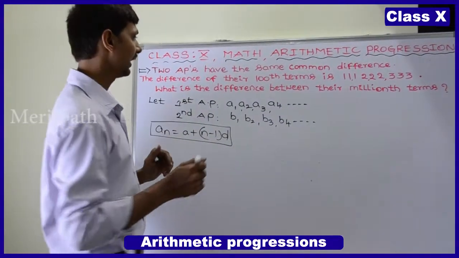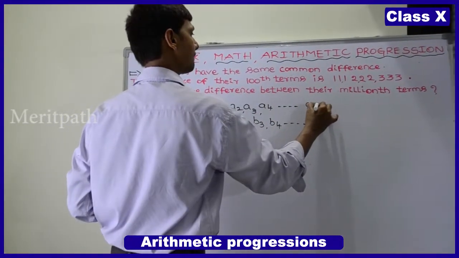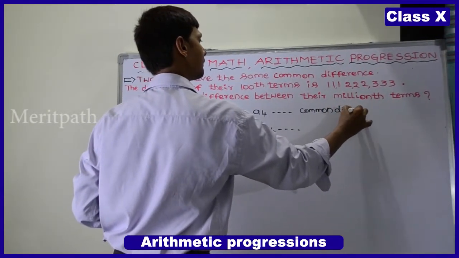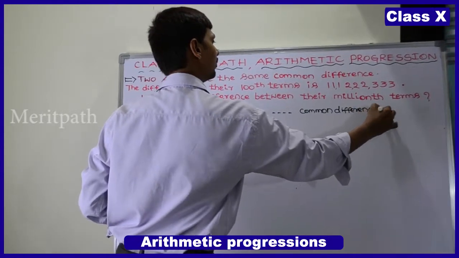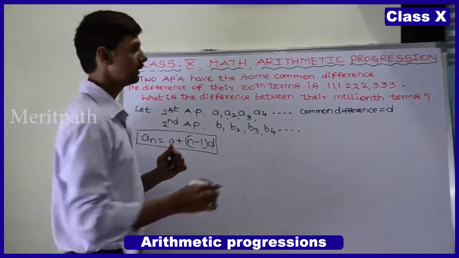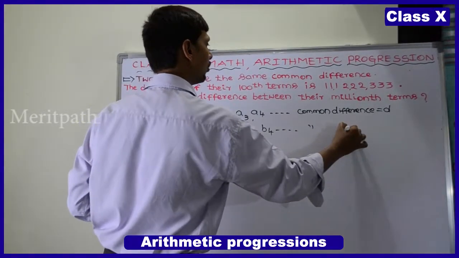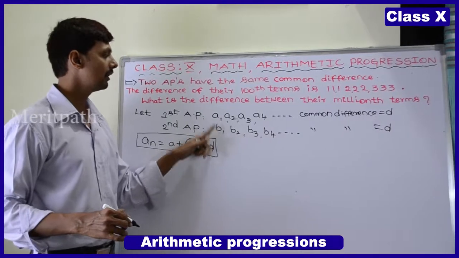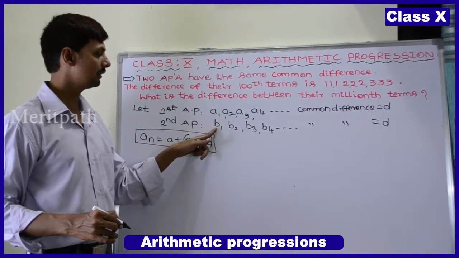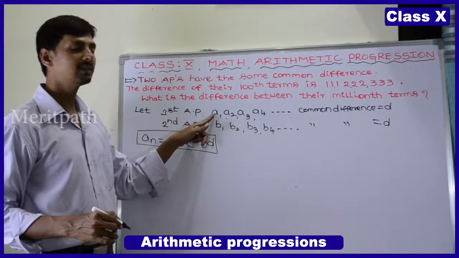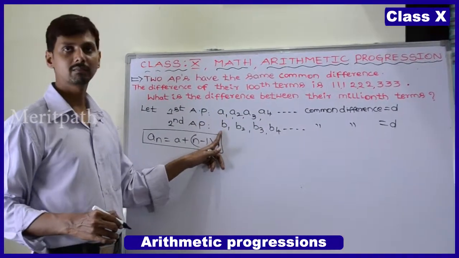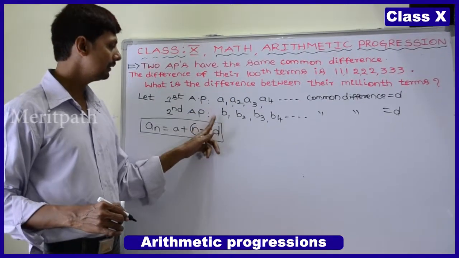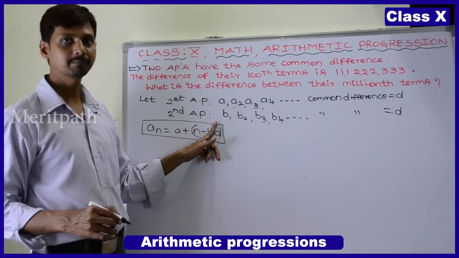Their common difference is the same. Let us take the common difference of the first AP as D, and the second common difference will also be D. The first term of the first AP is A1 and the first term of the second AP is B1.